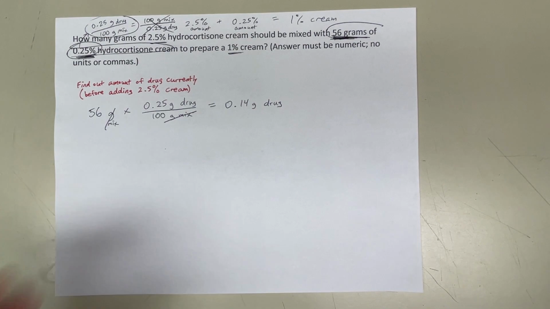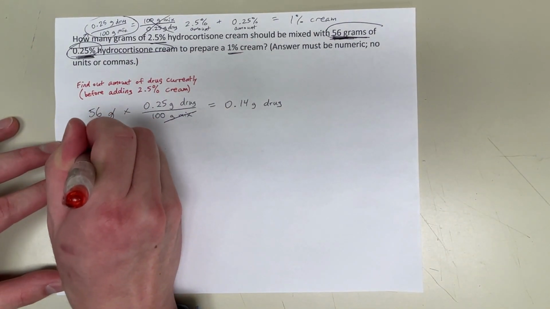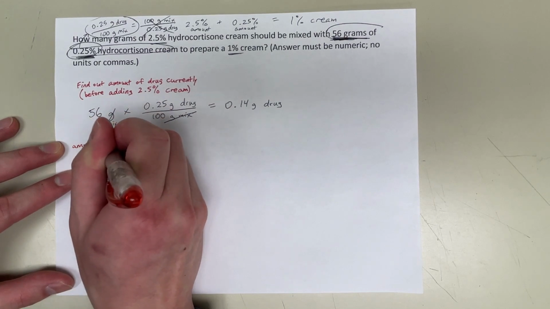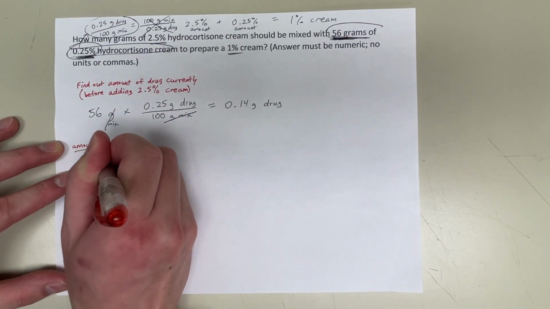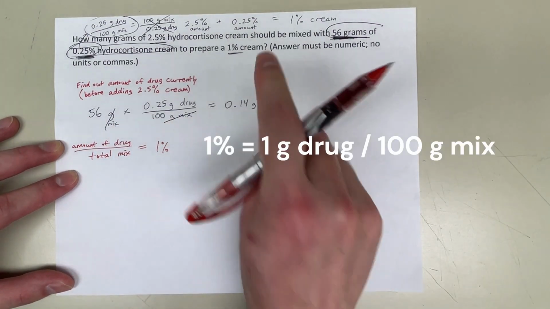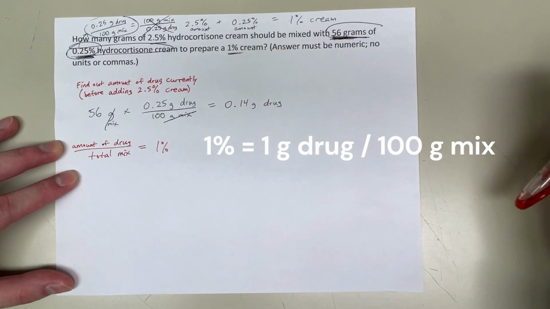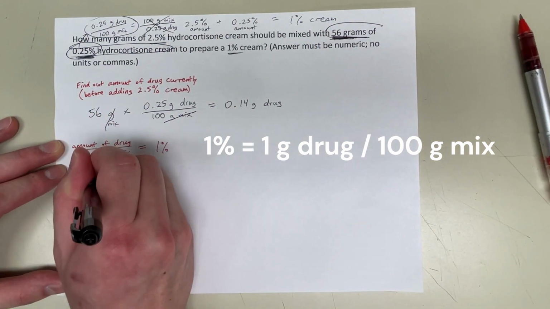So now that we have a current amount of drug, I'm going to use a formula. Well, it's not really a formula, but a fraction: the amount of drug over the total amount of mix. I'm going to force that to 1% because I want to prepare a 1% cream. So the first thing I'm going to do is denote a variable.